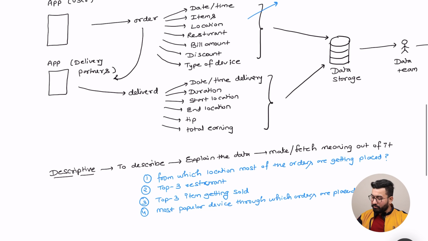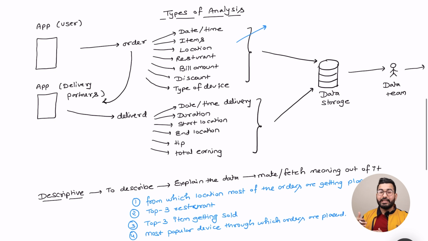Again, the point that I'm trying to make is that descriptive analytics basically means I am trying to understand my data in a better way so that I know what exactly the data is trying to tell us. It is trying to help me answer a few business questions, and I'm trying to make sense out of the data.